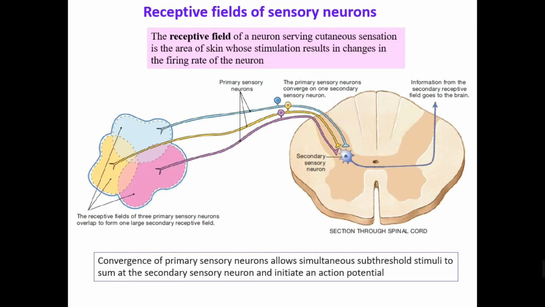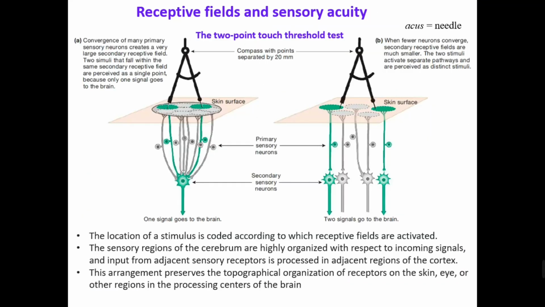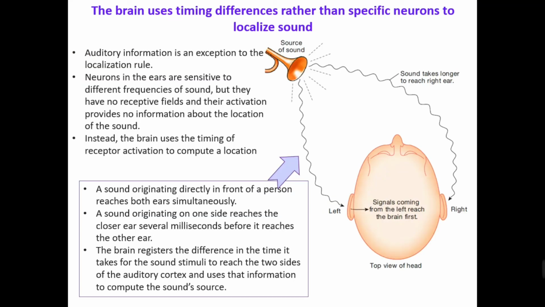At 3 levels we have control on the location of something, for example on the location of pain or the location of touch. So there are 3 ways of recognizing the location of the sense that we are receiving. One of them is the receptor field. The other is the time difference, but time difference is only for hearing, because for sound we don't have the receptor field. For example, the neurons cannot directly touch the sound, which is outside in the 3-dimensional world.